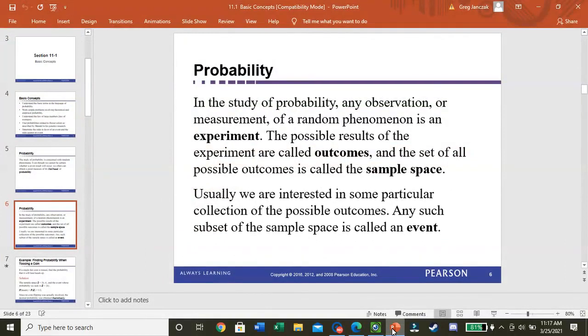So usually when we are interested in some particular collection of possible outcomes, then any subset of that collection is an event.